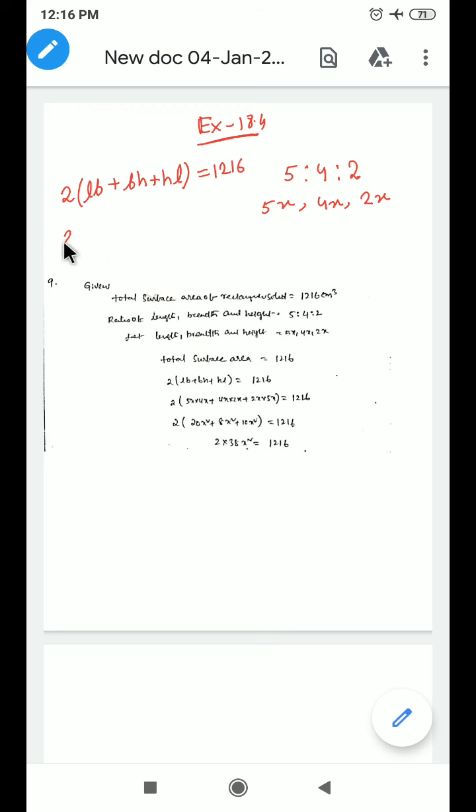So just put the values: 5x into 4x plus 4x into 2x plus 2x into 5x is equal to 1216. From here you can easily find the value of x.